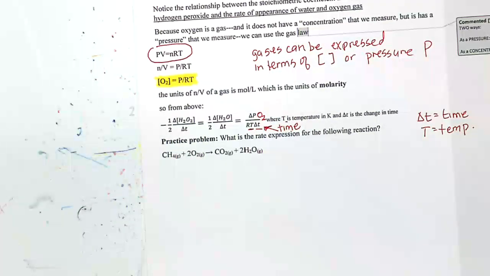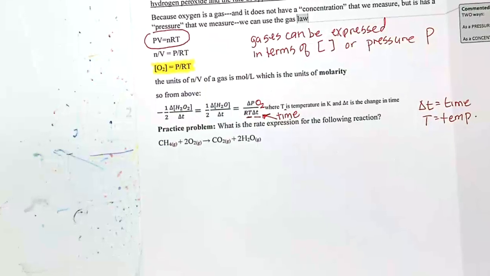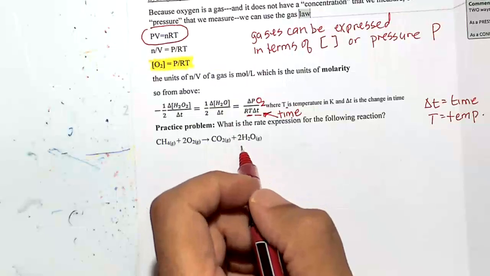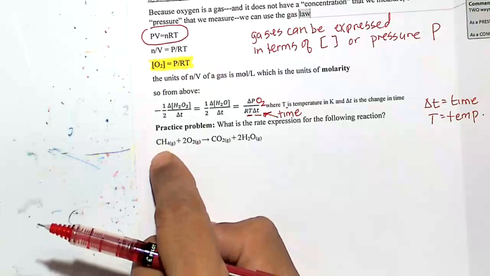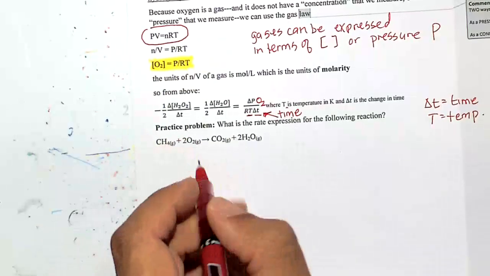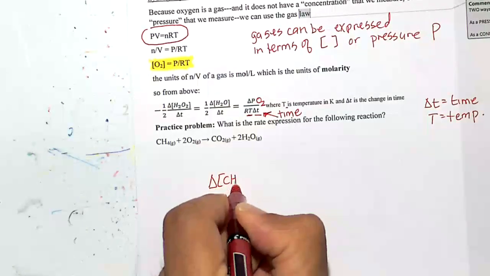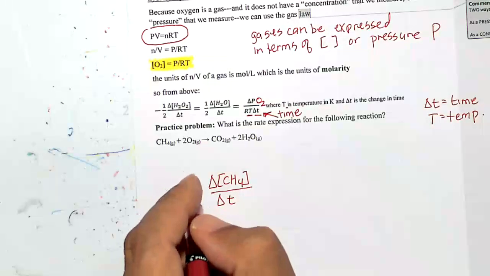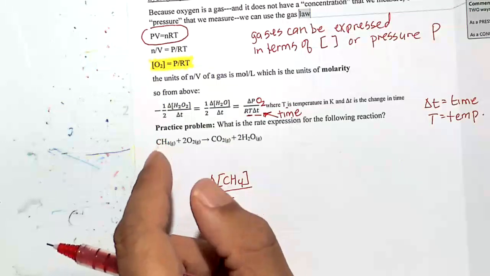Let's do a problem here, and then we'll go to rate law. Write the rate expression for the following reaction. The rate expression: the change in concentration of CH4 over some increment of time. Will this be positive or negative?